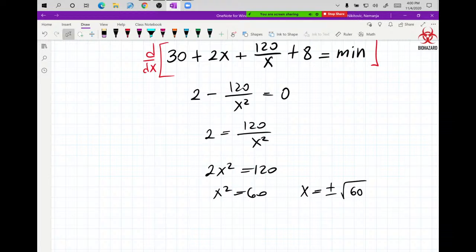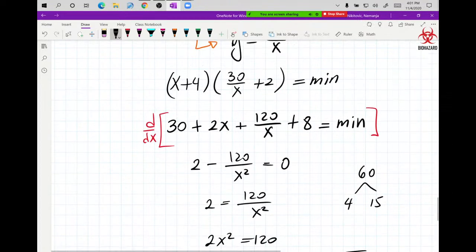Now, what are the factors of 60? So we can come up with the best solution over here. 60 can be divided by 4, and then we get the 15 over here, right? So it is 2 root 15, the length in meters for x.